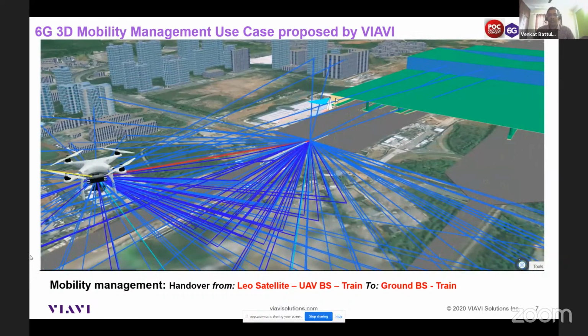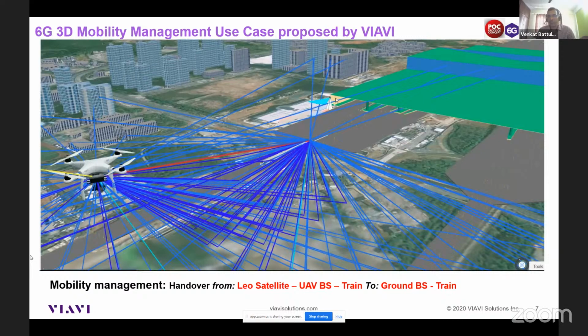The user is sitting in a high speed moving train and being connected. You can see the user is connected via a LEO satellite, and the satellite is connected to an aerial vehicle which is providing base station services and the connection to the user on the train.